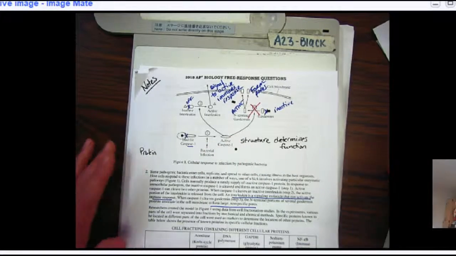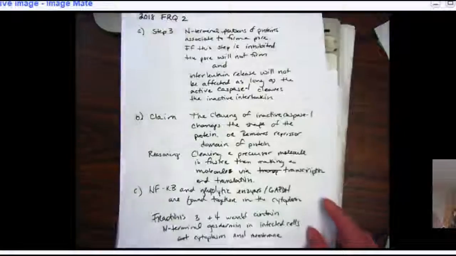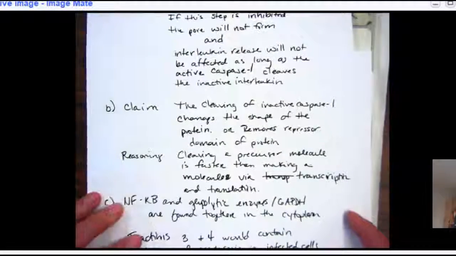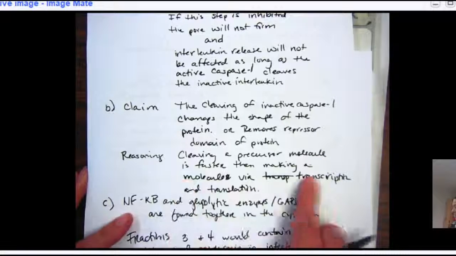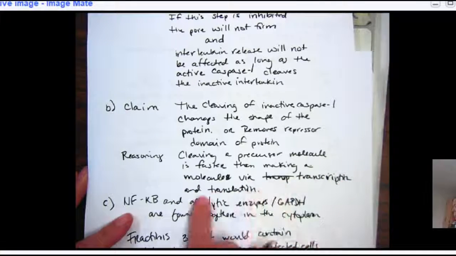So I wrote it in sentence form. My reasoning was cleaving a precursor molecule is faster than making a molecule via transcription and translation.